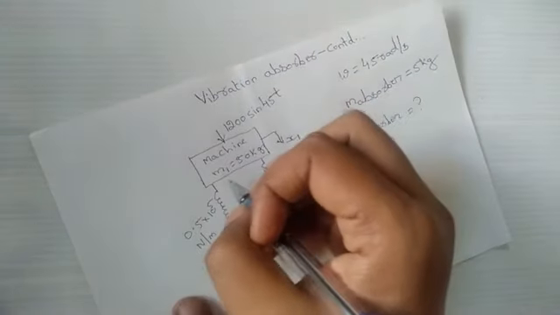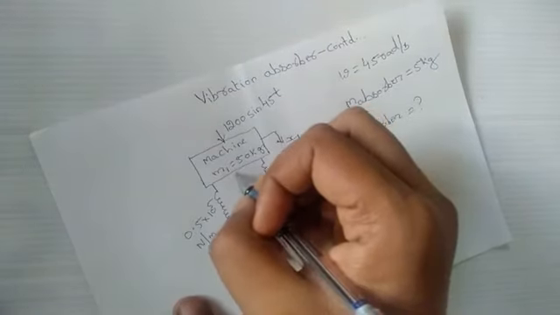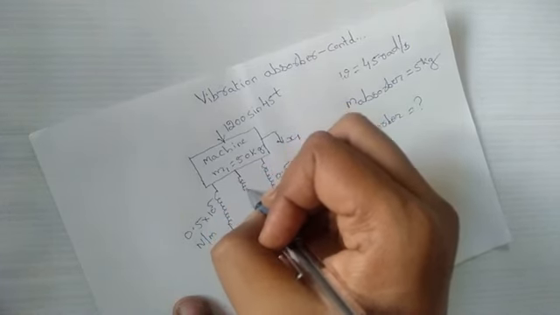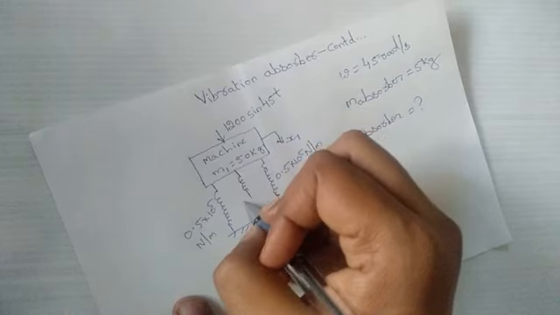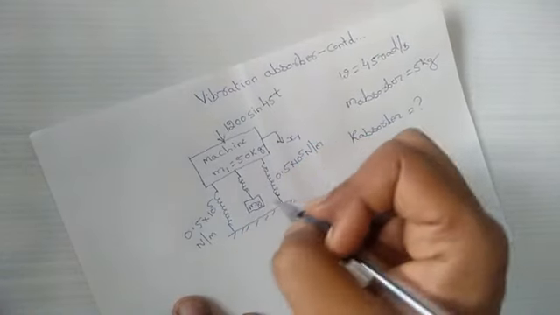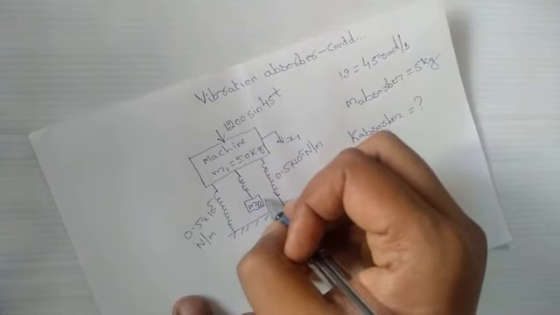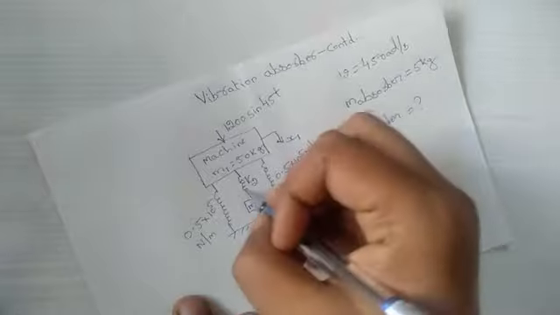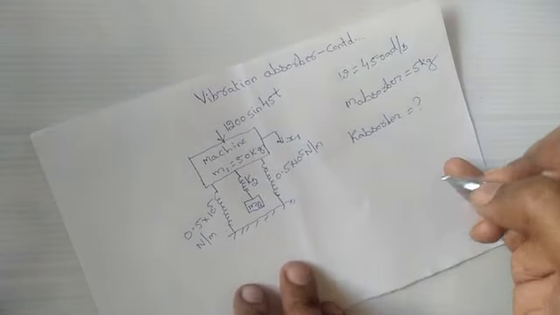So let's draw a vibration absorber. This consists of a spring and then a mass. This is M2, that is the mass of the absorber, which is 5 kg, and this is say K2, which is the stiffness of the absorber.